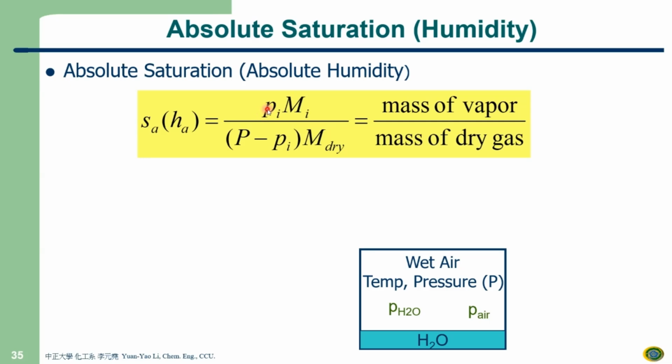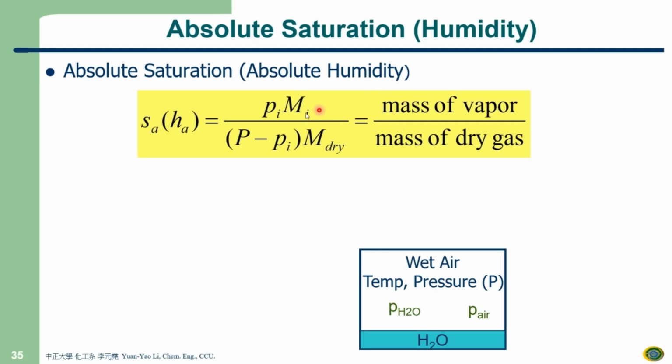I hope you still remember, PM equals what? PM equals DRT. D stands for what? Density, right? So if the value is a constant, and you compare different densities, that means you compare the mass.